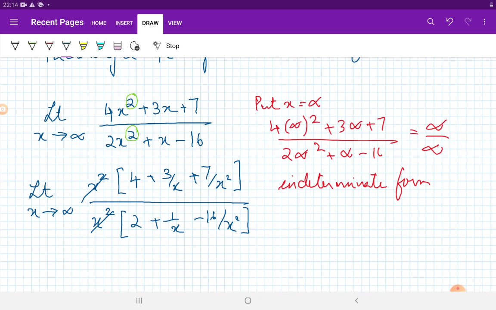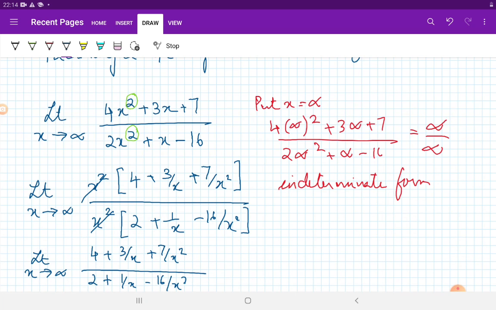Cancelling out x square, since it appears in the numerator as well as denominator, I'm left with the function in this form: limit x tending to infinity, 4 plus 3 by x plus 7 by x square, whole divided by 2 plus 1 by x minus 16 by x square.